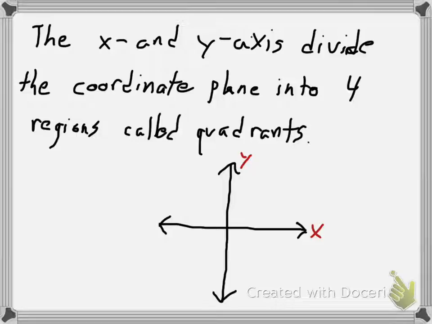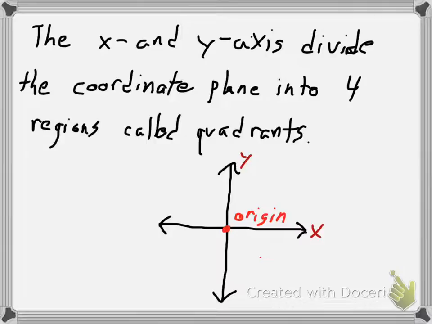Quad means four. So when we're talking about quadrants, we're talking about being broken up into four pieces. And again, it's caused by the x and the y axis intersecting each other at that point right in the center, which hopefully you remember is called our origin.